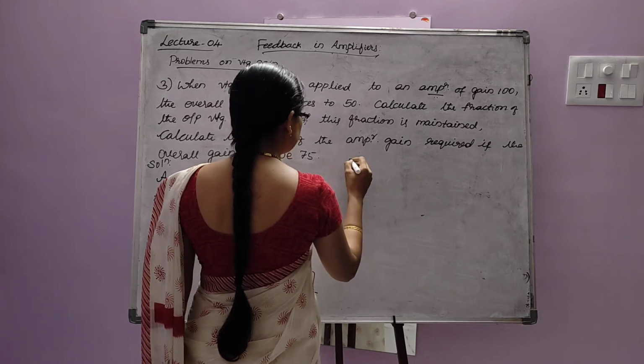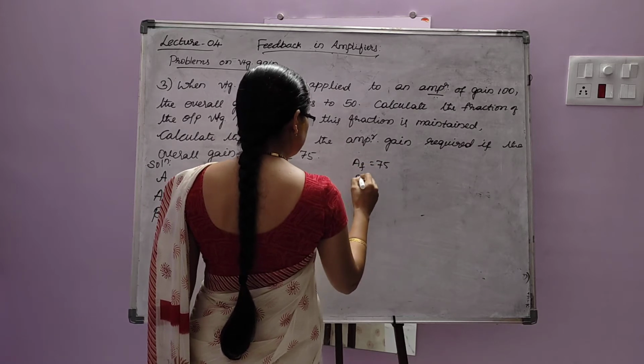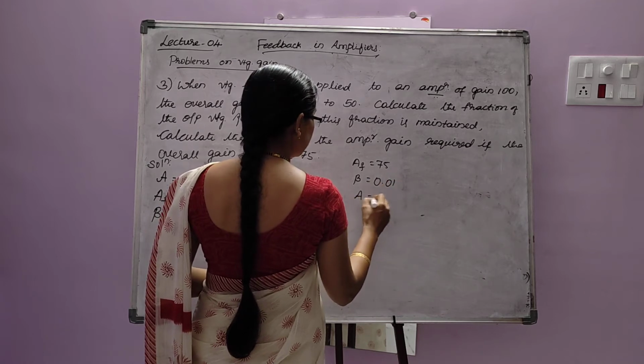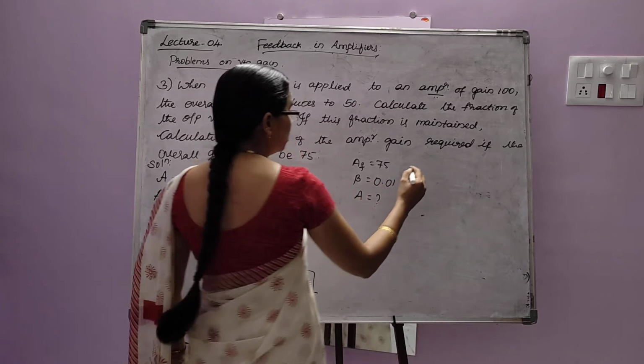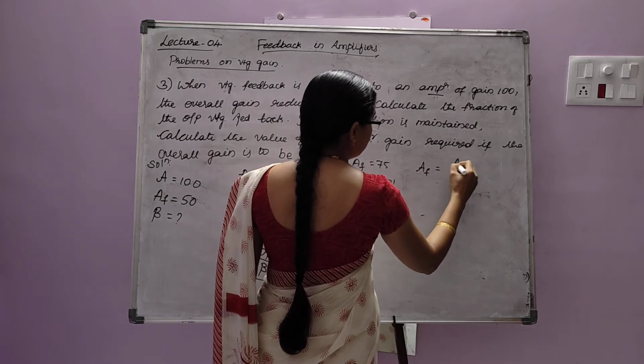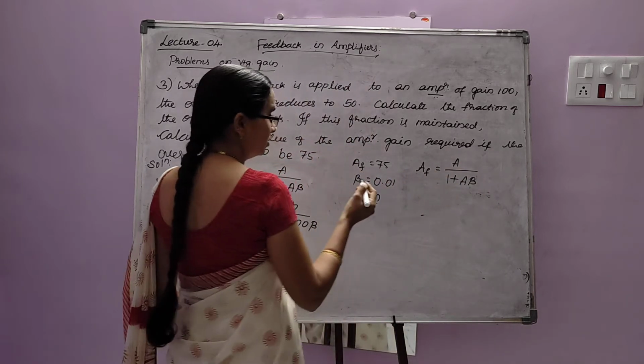In the second step, AF should be 75, beta we have calculated, that is 0.01, we have to calculate A. So AF is equal to A by 1 plus A beta. We don't know the value of A here.